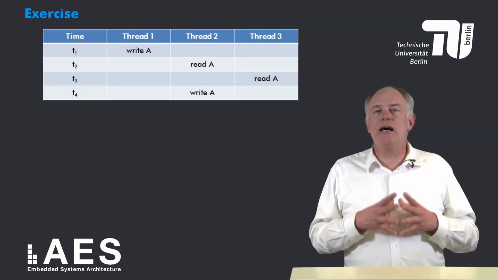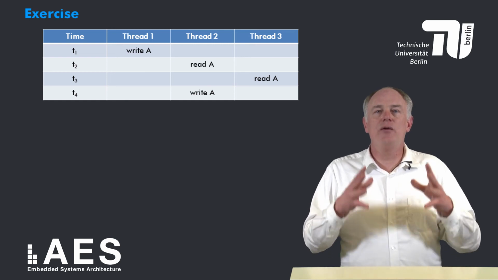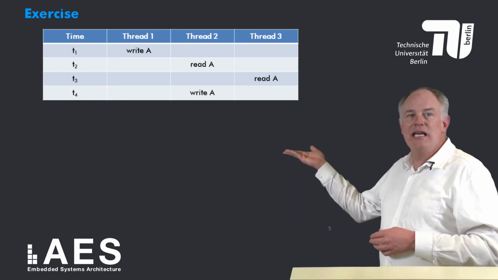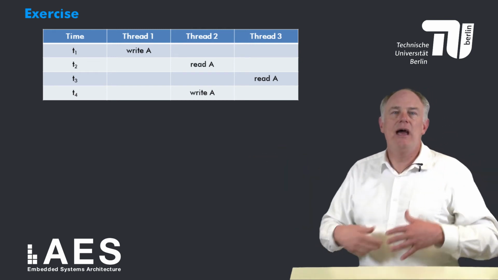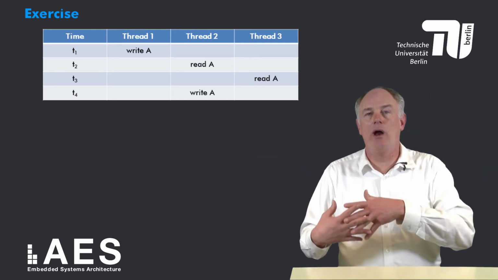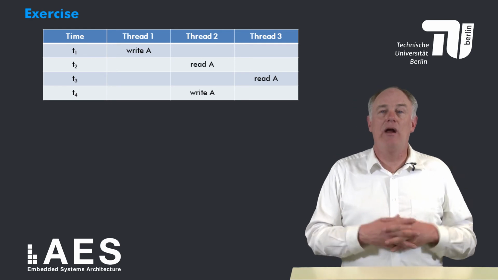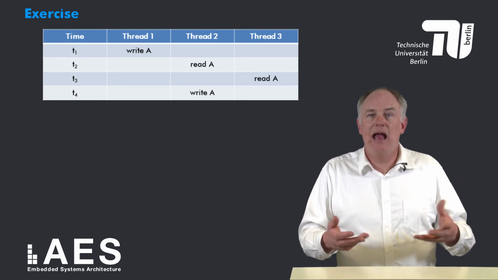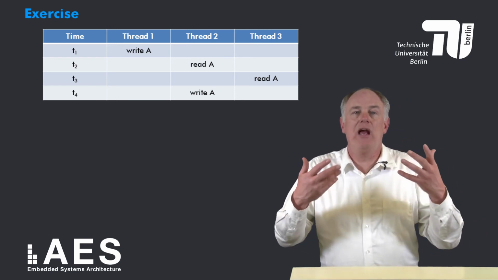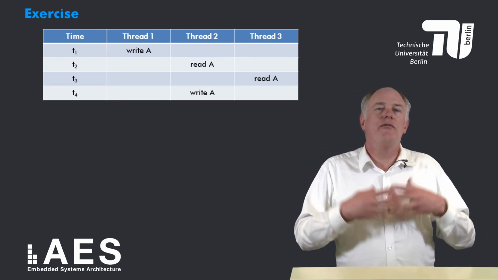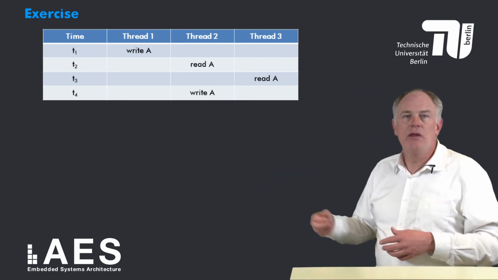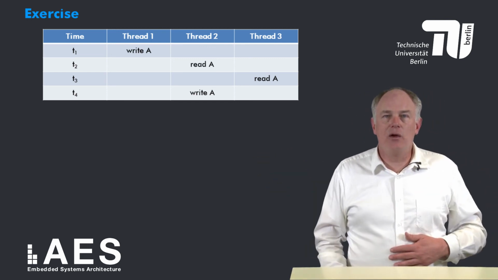Finally, an exercise to test yourself if you understood the MSI protocol. Consider the following sequence of CPU events. At time t0, thread 1 running on processor P1 writes A, then thread 2 reads A, and after that thread 3 also reads A. Finally, at time t4, thread 2 writes A. The exercise is the following.